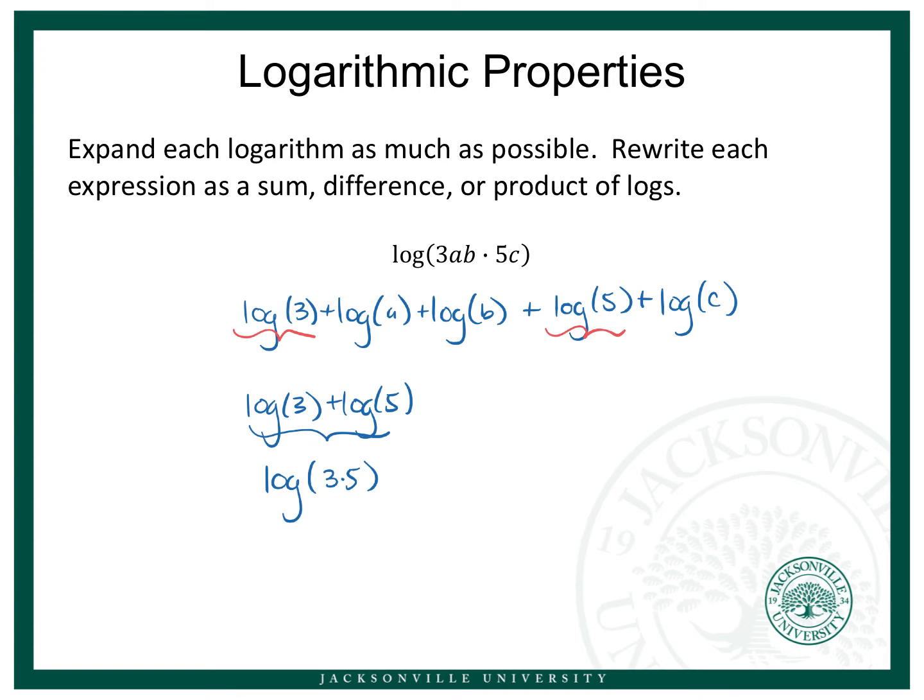But to do this, I'm condensing a part of this expression. For the sake of homework, some questions will ask you to give possible expansions of particular problems. Here, if I combine that, that gives me the log of 15.